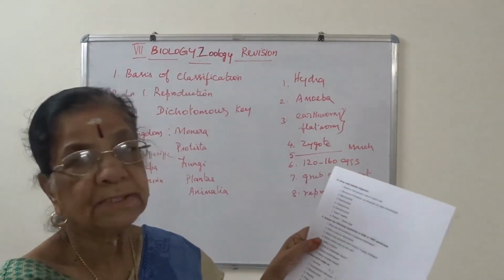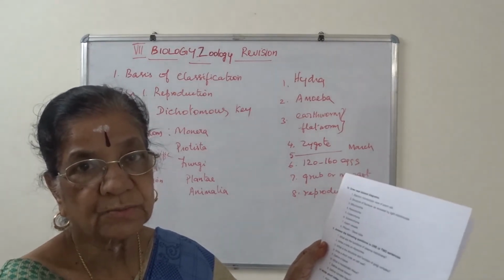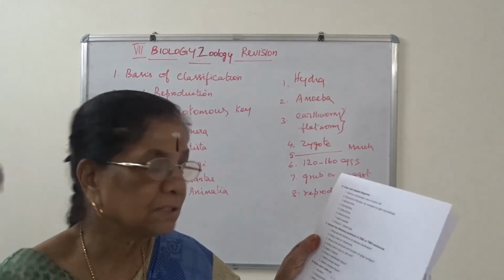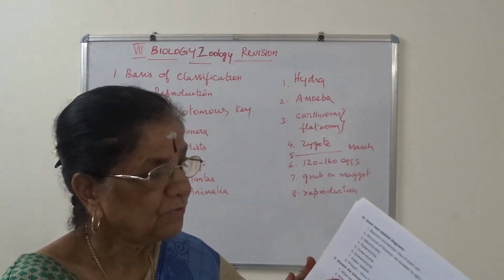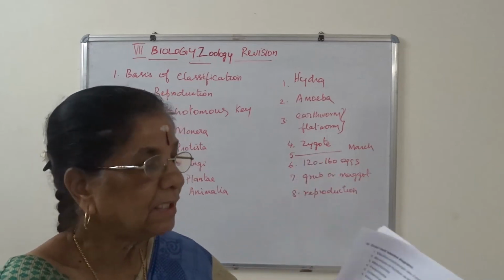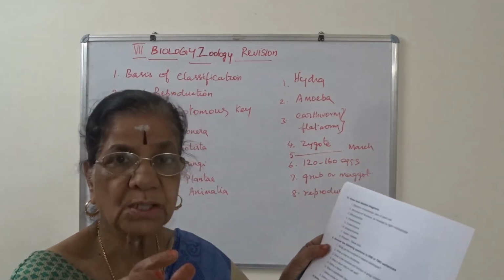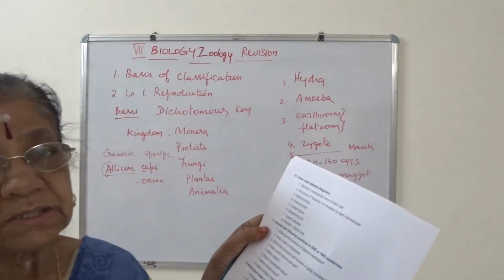Draw the neat labeled diagram I have given in your classwork. Right? And then answer in 1 or 2 sentences. As it is in the lesson, what is given as simple tissue, cell wall, plastid, you have to write the note. The lesson is so small, so we can learn the full lesson paragraph wise, question wise.